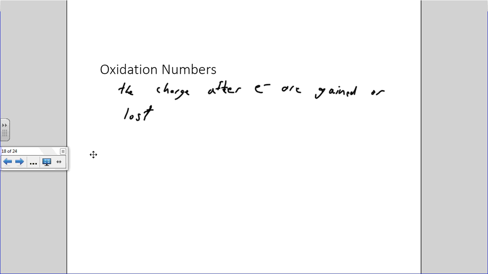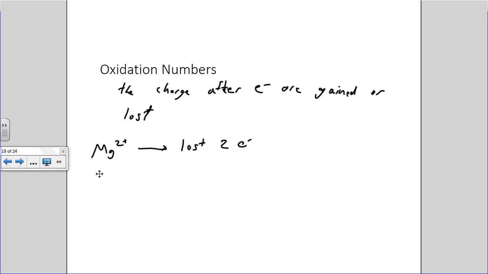For example, if we have an oxidation number of +2, like Mg2+, that means our overall charge is +2. In order to be positive, you had to lose negatives. So that means you lost 2 electrons. You lost 2 negative charges. That means you're going to be left with a surplus of 2 positives, giving you an overall charge of +2.